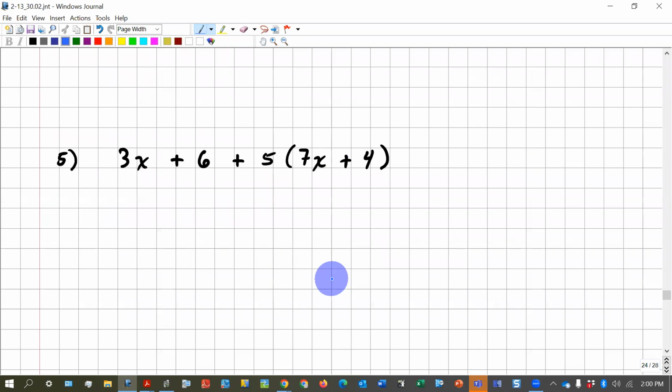We can combine some of these ideas. Here's a rather long expression again. Inside the parentheses, we don't have like terms.